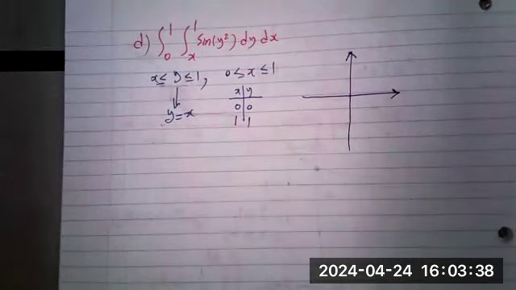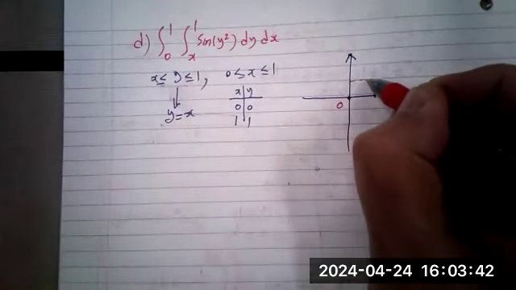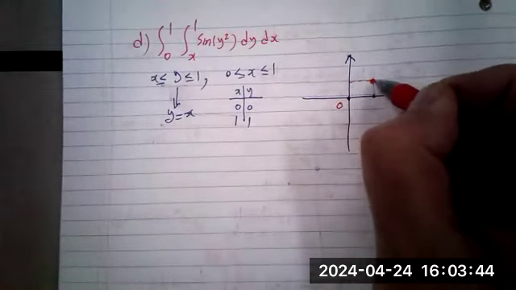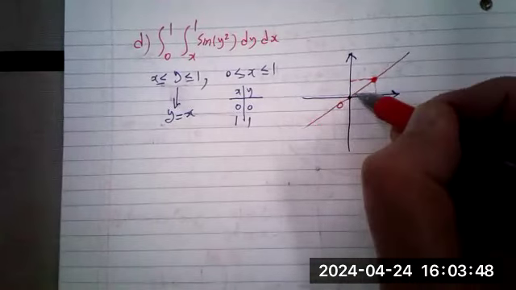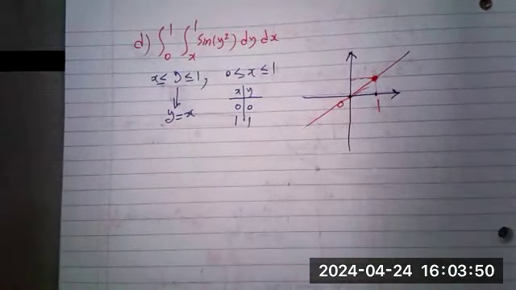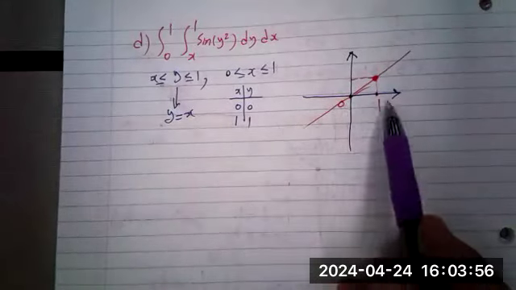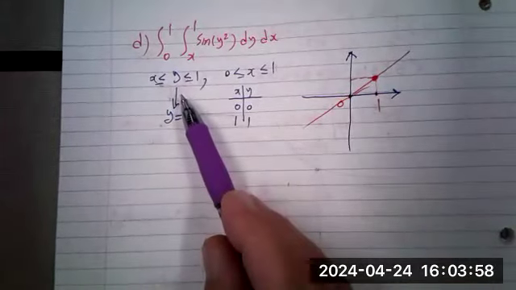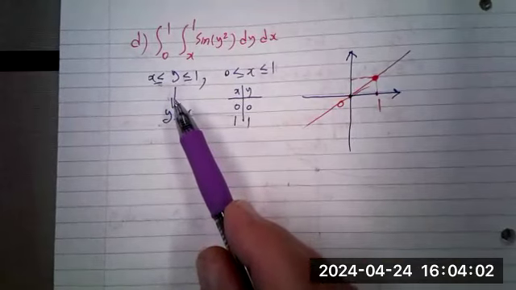That's easy because you have 0, you have 1, 1, and that's the same line. This is the line, 0, 1. The way they did it, it's a type 1, because x is between 0 and 1. And in order to get y, they go up and down.